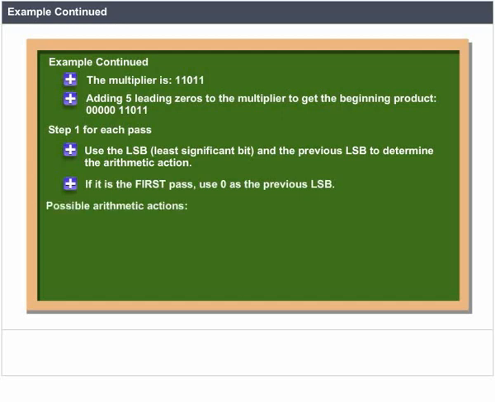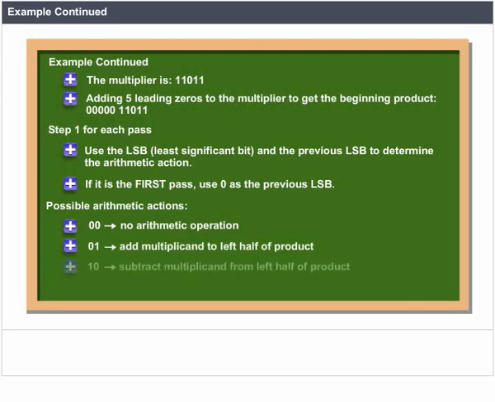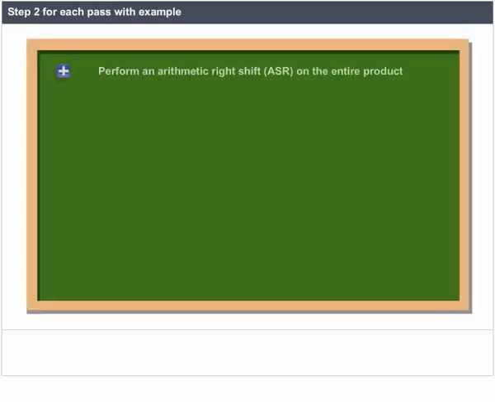Possible arithmetic actions. 00: no arithmetic action. 01: add multiplicand to left half of product. 10: subtract multiplicand from left half of product. 11: no arithmetic operation. Step 2 for each pass: perform an arithmetic right shift, ASR, on the entire product. Note, for X-bit operands, Booth's algorithm requires X passes.